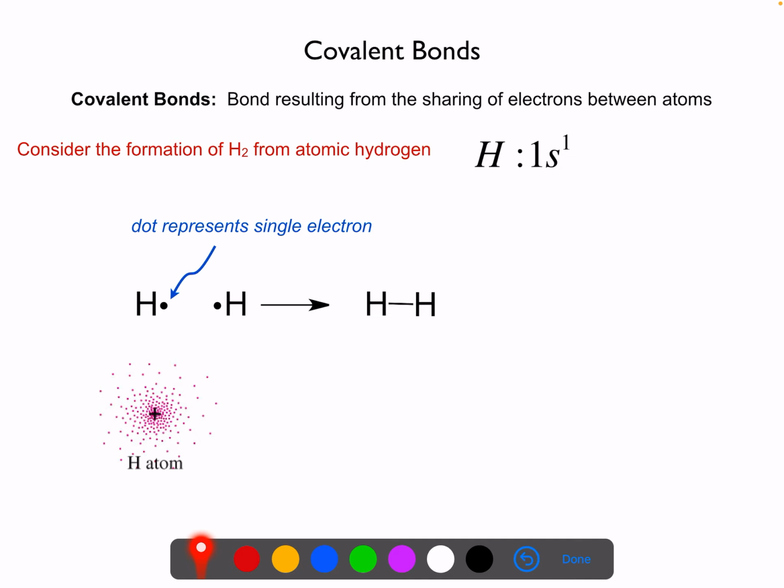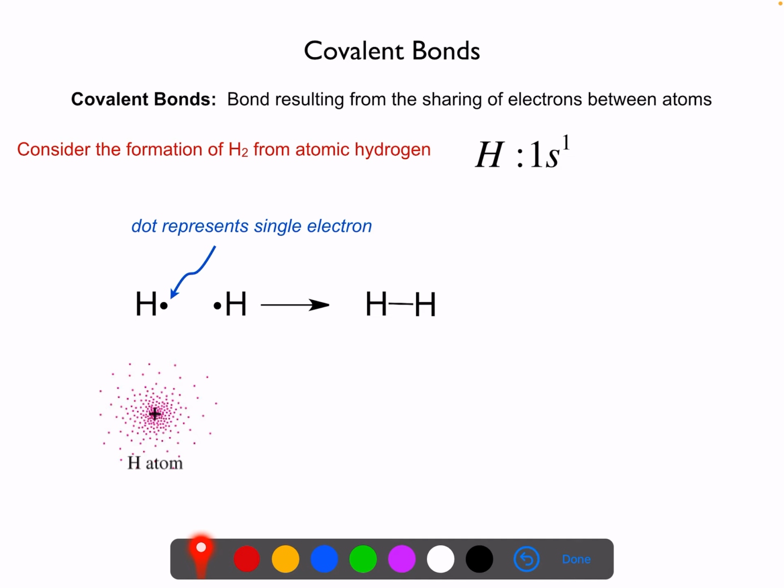One rationale for understanding which is more stable is just to say H2 must be more stable because it exists. If it was not more stable as a molecule, it would just blow apart and turn into atomic hydrogen.